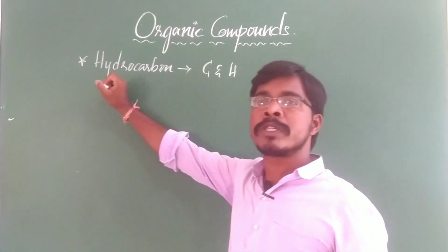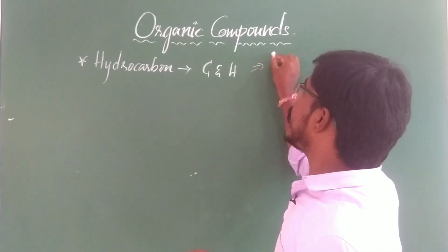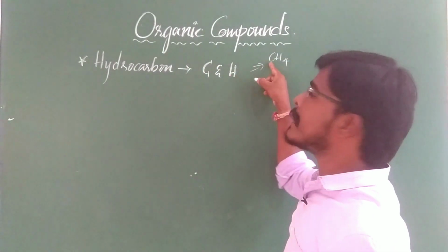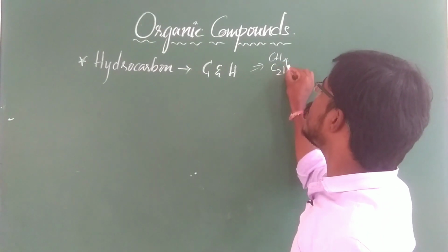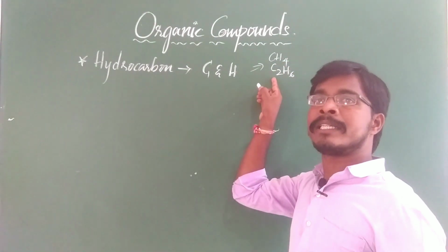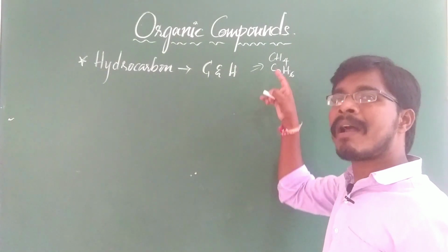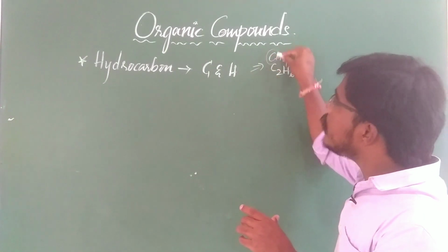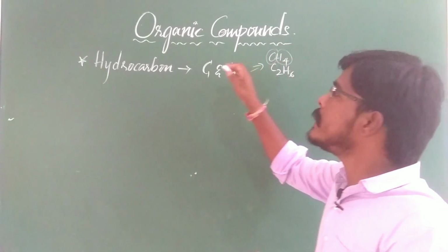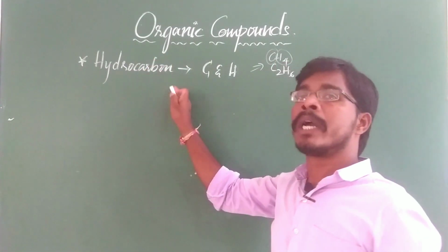For example, you can take methane, CH4, consisting of carbon and hydrogen. And you can take ethane, C2H6, consisting only of carbon and hydrogen. The number of atoms may vary, but if a compound has only carbon and hydrogen, then that type of carbon compound is called a hydrocarbon.